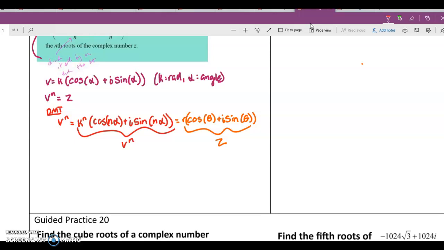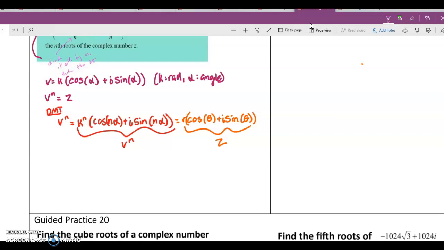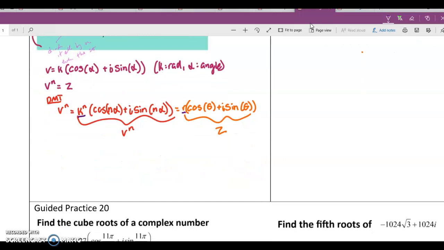Since these two expressions are equal, we can equate some things together. We know that k to the n has to be equal to r. So your radius to the nth power has to be equal to the radius of z. So we can write r is equal to k to the n.